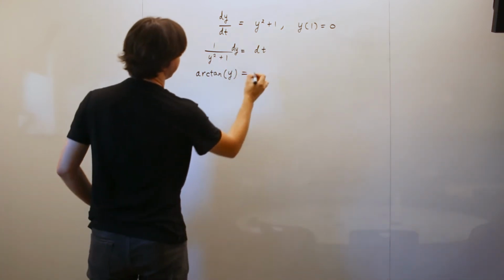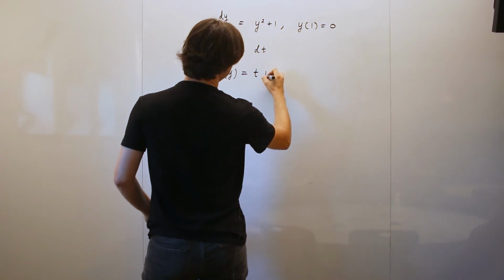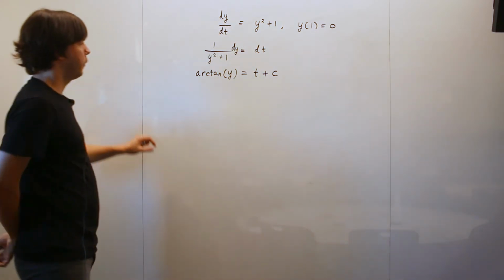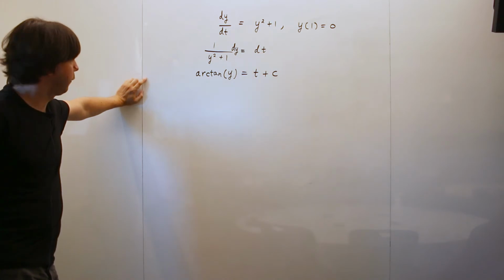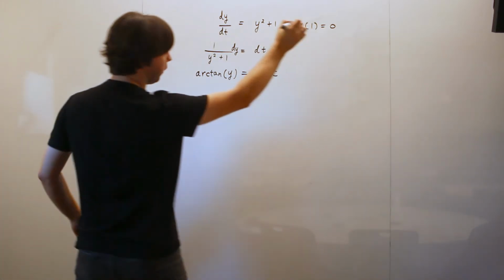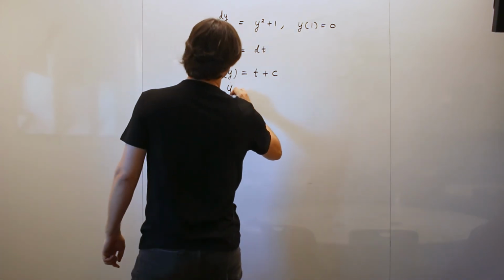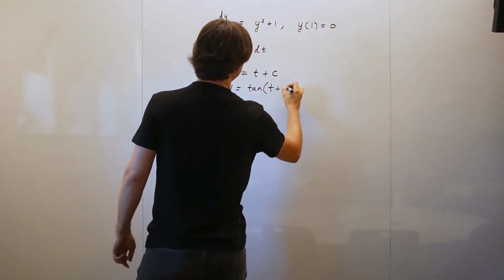On the right-hand side, this is really 1 times dt. So that is t, and don't forget our constant of integration. Now, I could solve it like this, but I'm just going to apply tan to both sides. So if arctan y equals this, then y itself is tan of t plus c.